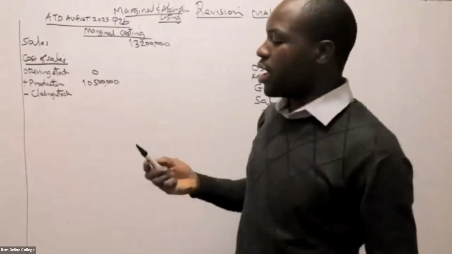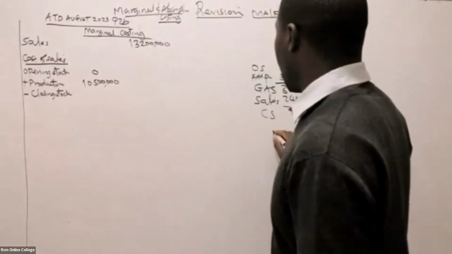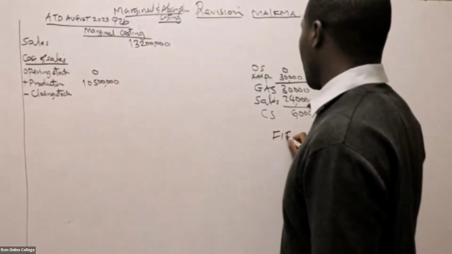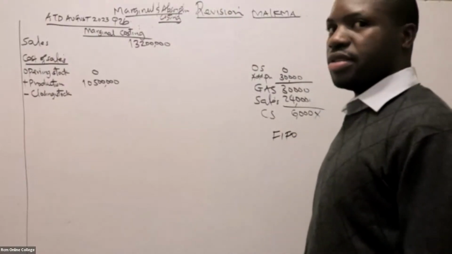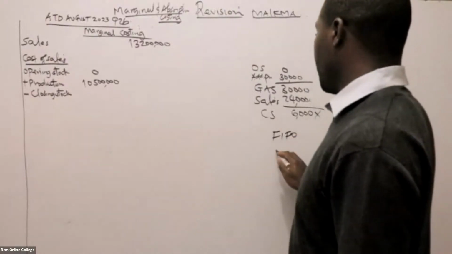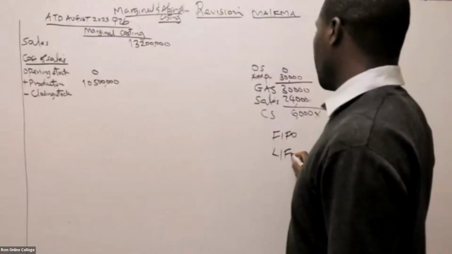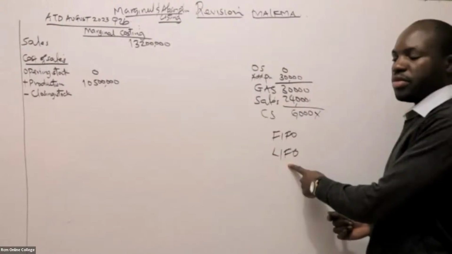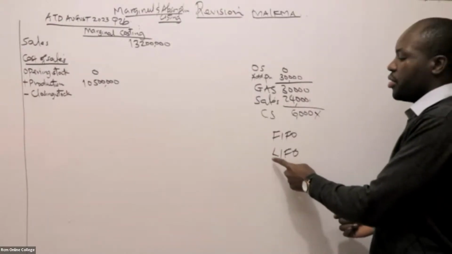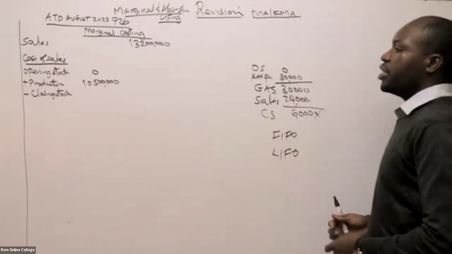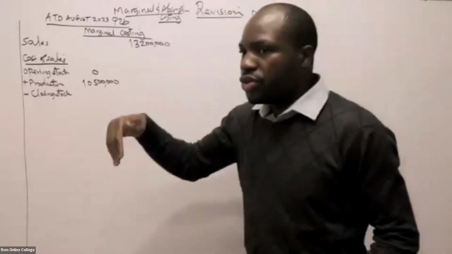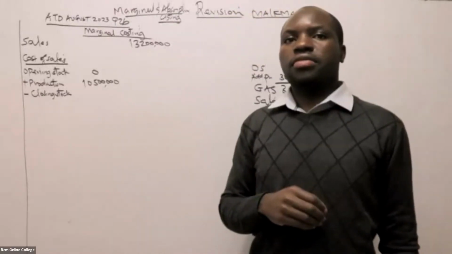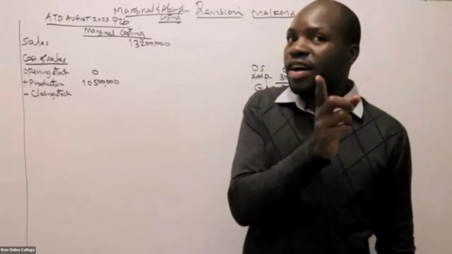Then they tell you somewhere under additional information that the company is using the FIFO method. Or they try to complicate things a little bit and tell you the company is using what we call LIFO method: last in, first out. What do I mean? When you say last in, first out, it means whatever was produced during the year will be sold first.